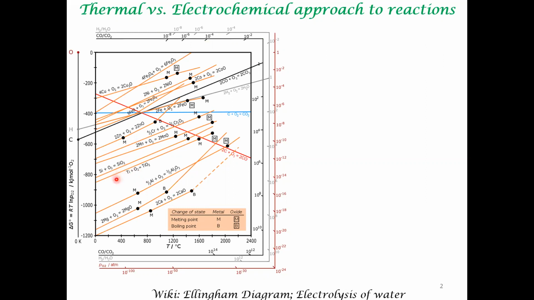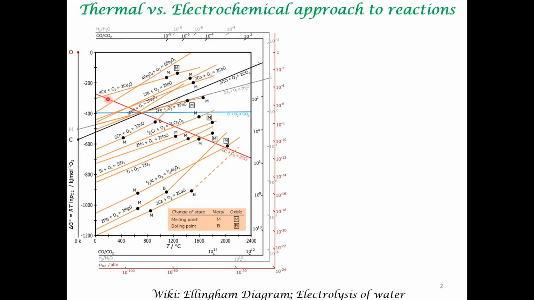For example, titanium is a d2s2 element. So all the elements present in this period, titanium, zirconium, hafnium, would have very negative oxidation energies. For example, this is fairly negative compared to certain other elements.